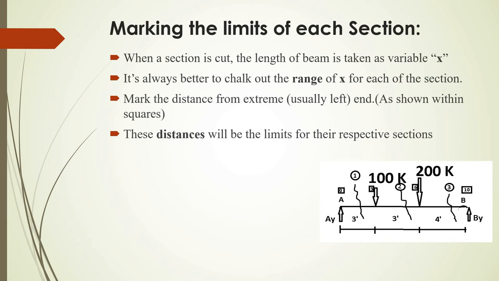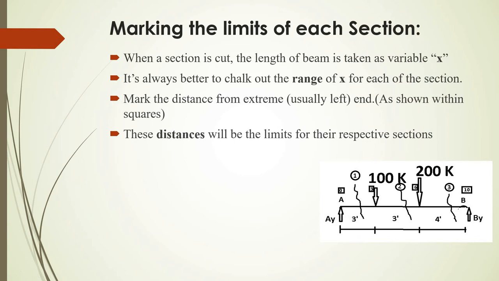So if I add that 3 to the 0, this 0 is the lower limit for the first section, and this 3 gives me the upper limit for the first section. So the limits for the first section are 0 and 3.